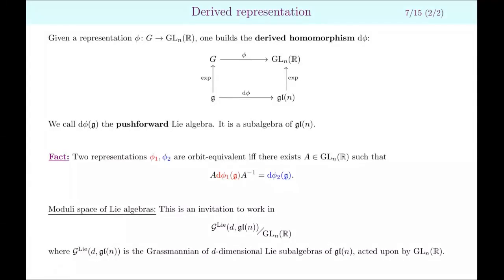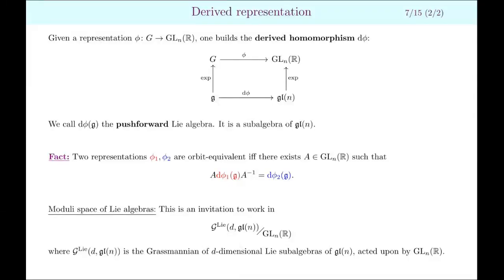And it is a fact that this derived homomorphism is actually a Lie algebra homomorphism, so it respects the Lie bracket. An additional very interesting thing we can do is take this Lie algebra and take its image in the matrices. So this is a subspace of matrices, a Lie subalgebra.